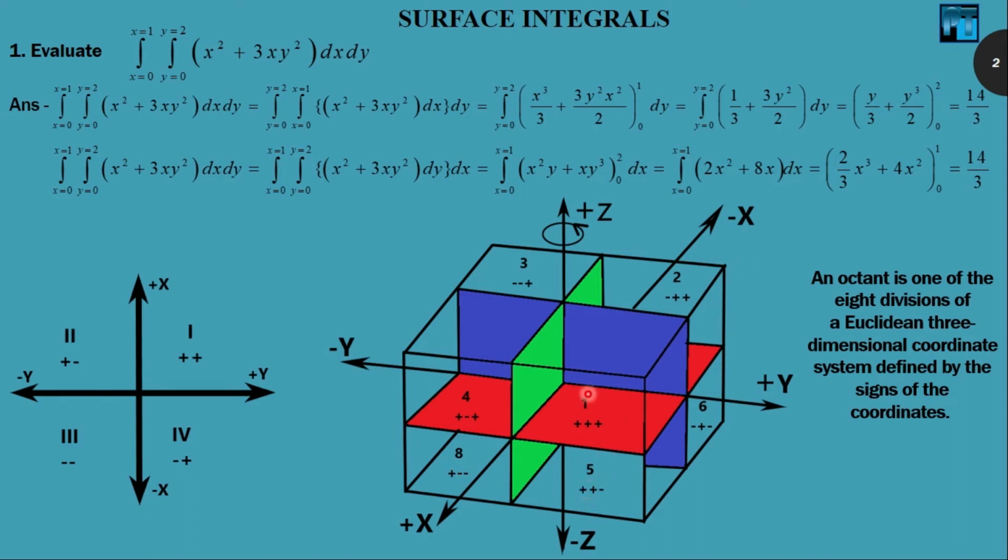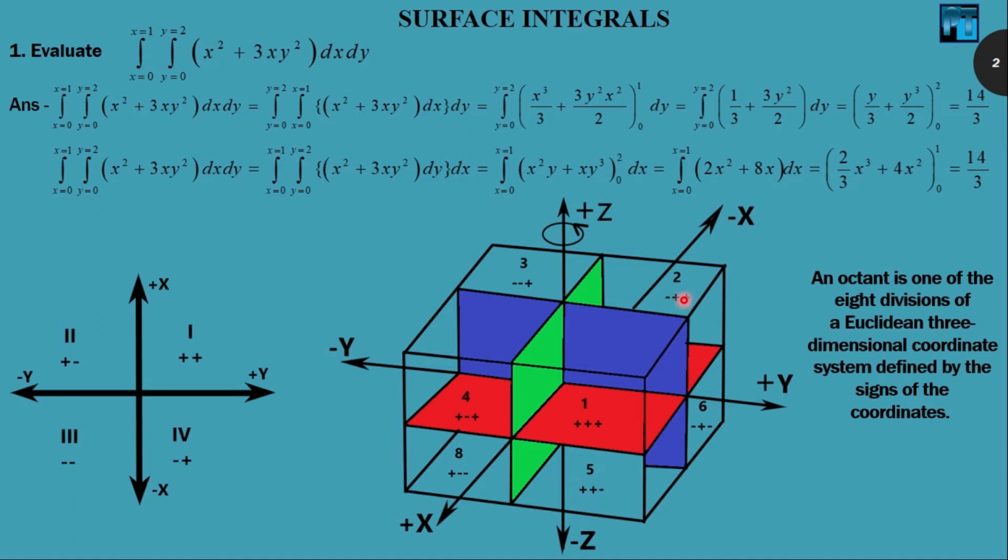Now here I have not used the conventional method. The conventional method is to use the right hand rule in the counterclockwise direction. Okay, so this is 1, this is 2, this is 3, this is 4. Similarly, the small cube below 1 is 5.